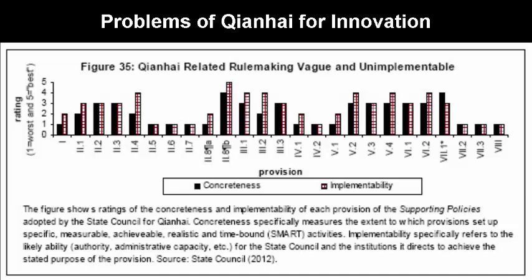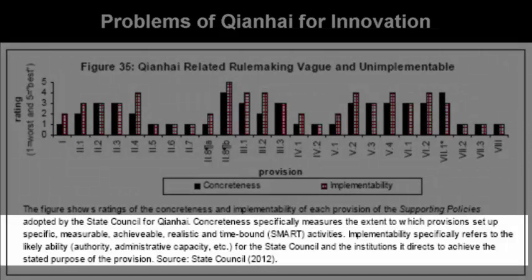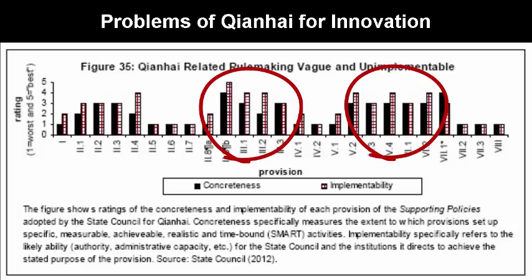Simply by looking at the regulations in place governing Qianhai, we see that very few of these regulations require concrete or even implementable activities. This figure shows the concreteness and implementability of provisions from Qianhai's supporting policies as adopted by the State Council, and the most concrete and implementable provisions in these rules tended to focus on administrative tasks rather than large-scale activities focused on improving profits in the region.